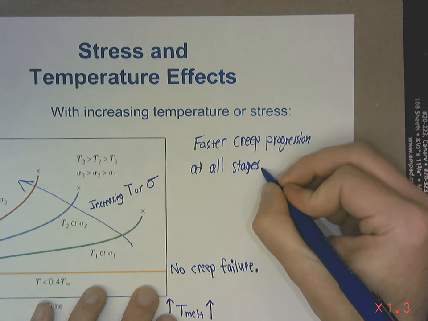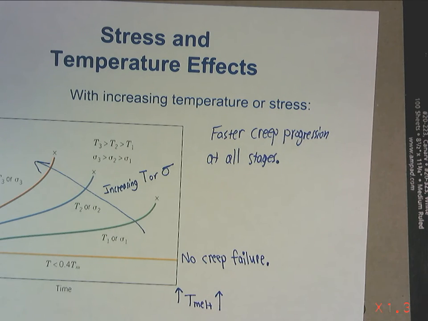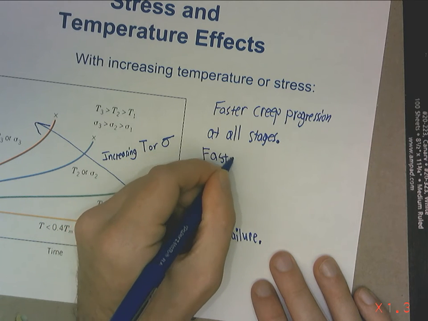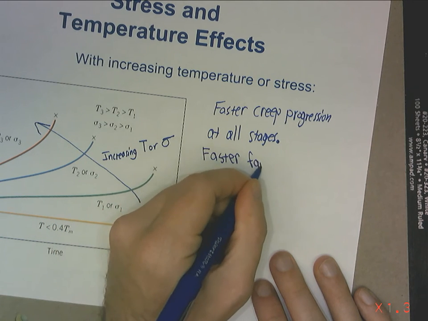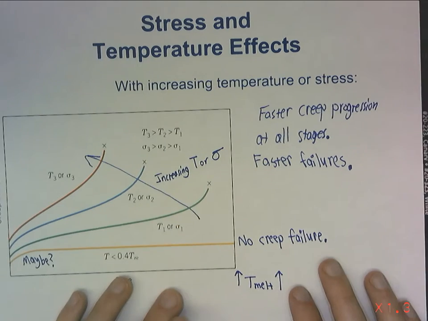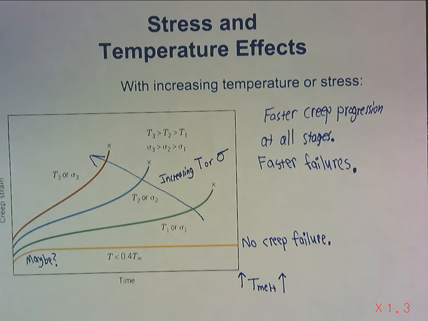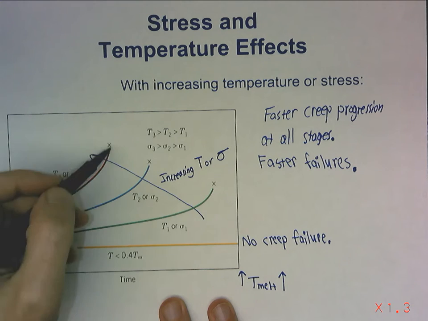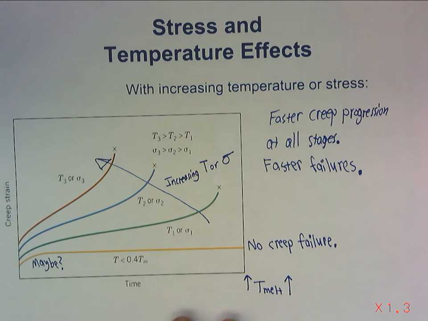So primary, secondary, and tertiary, which means we get faster failures. So like I said on a previous slide, at a stress that's close to the ultimate or is somewhere past the yield, this goes fast. We can get a fast creep failure.